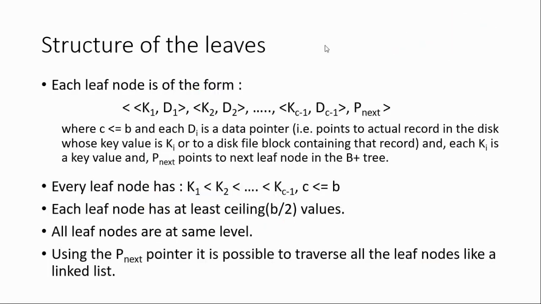The structure of leaves. Now in terms of leaves, there is a small considerable difference. Firstly, the leaf node is of the form K1 D1, K2 D2, where each represents a tuple of K1, which is the key, and D1, which is the data pointer.